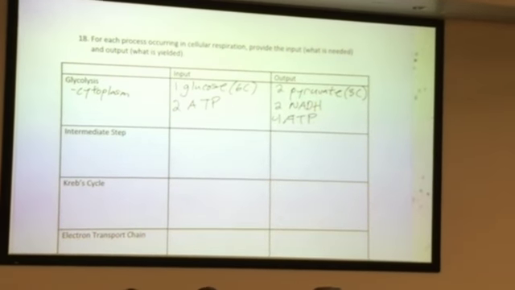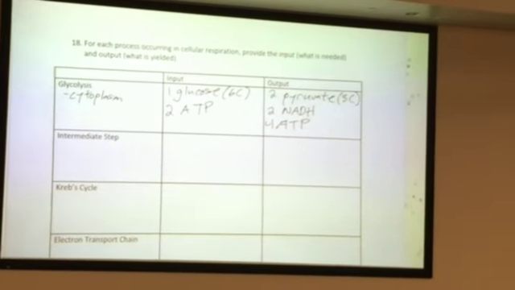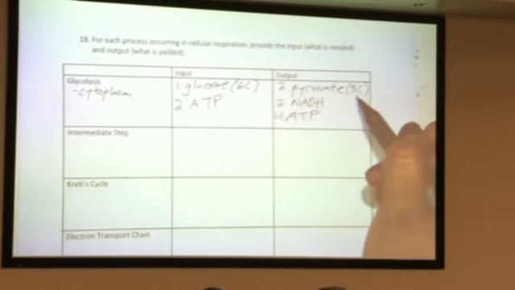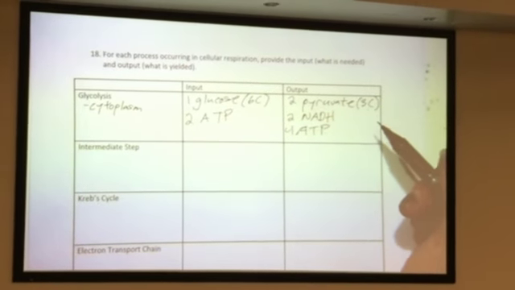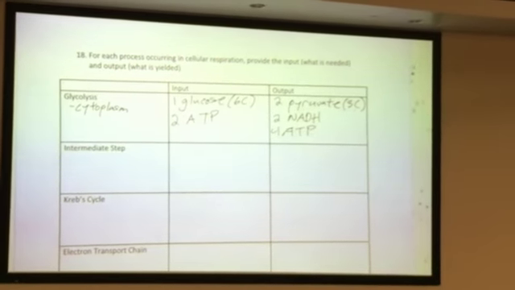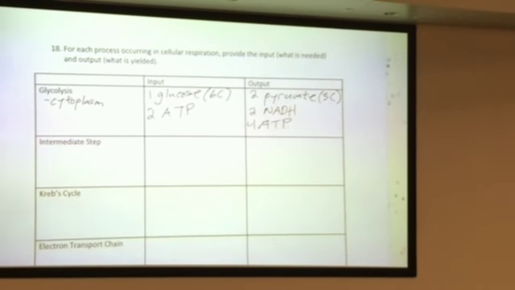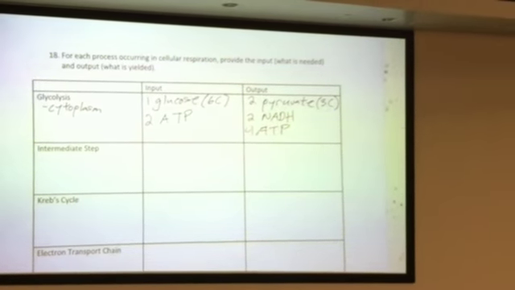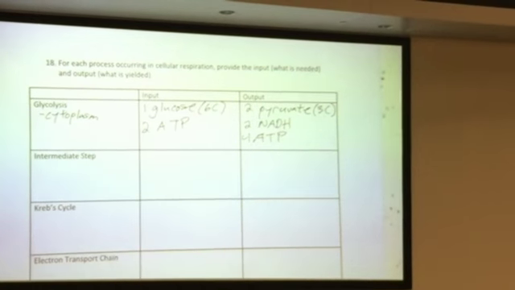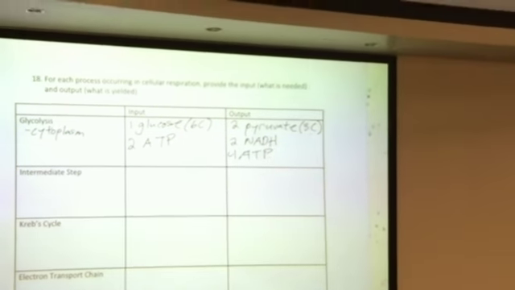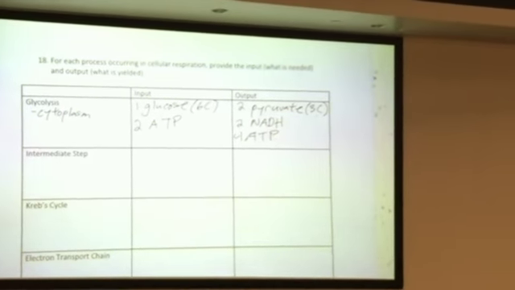That came from probably previous cell respiration reactions, okay? We get the 2 pyruvate. Where are those going to go? Well, they're going to go to our second step, which is the intermediate step, as I've written it here, kind of just in between these two. Sometimes it's lumped in with the Krebs cycle, but I'm keeping it separate. It doesn't really matter too much. But we're actually going to move these down here.